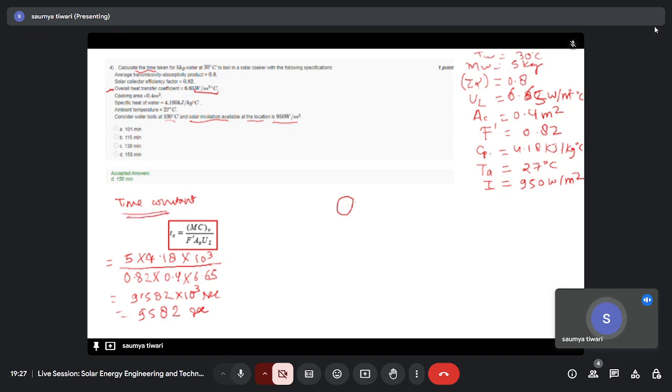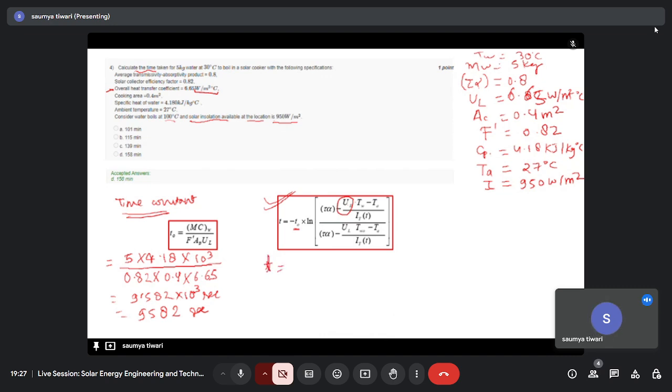Now we know the time constant, we can calculate the actual time that will be required to heat this water. So this is the time required to heat 5 kg of water at 30 degrees Celsius to boil in a solar cooker. Let's put the value.